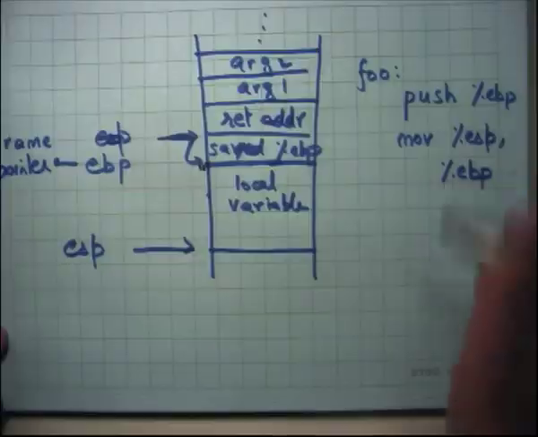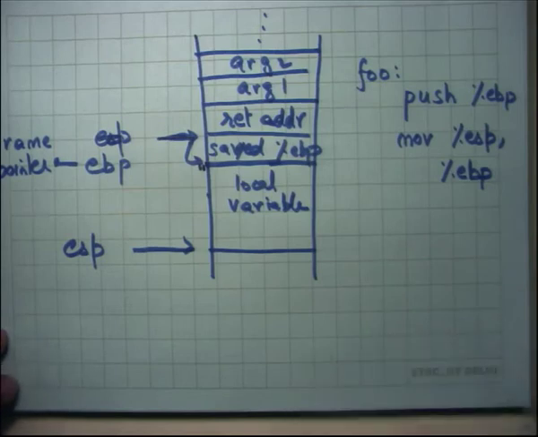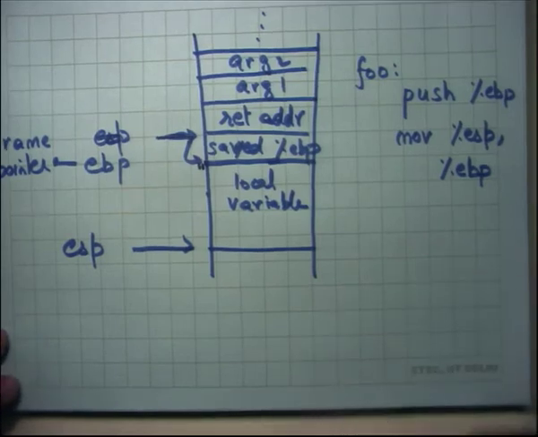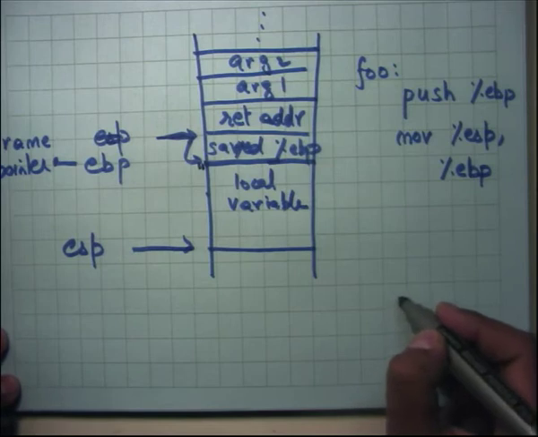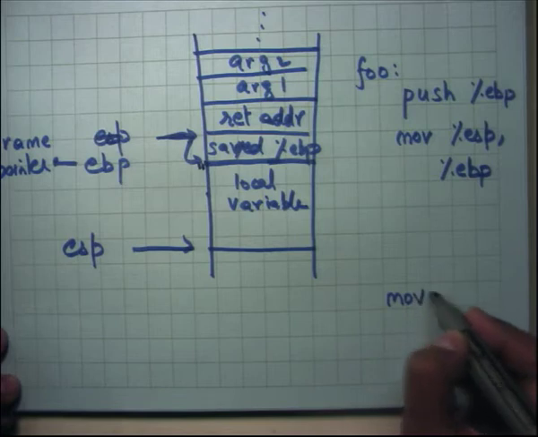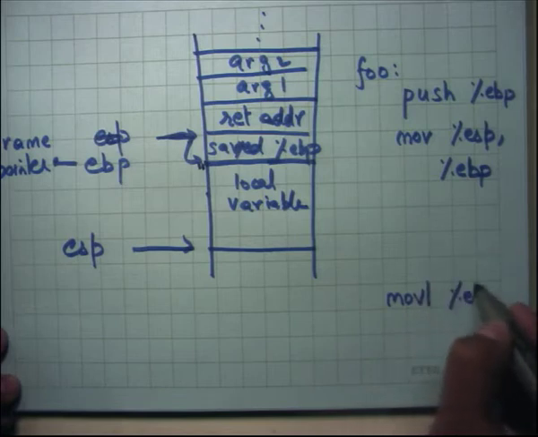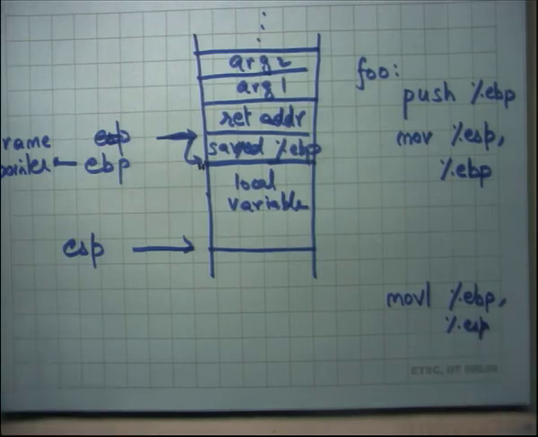So that's at entry, and before I return, what do I need to do? I need to do the opposite, which is what? Let's say move EBP to ESP. So I want to reset the stack exactly.